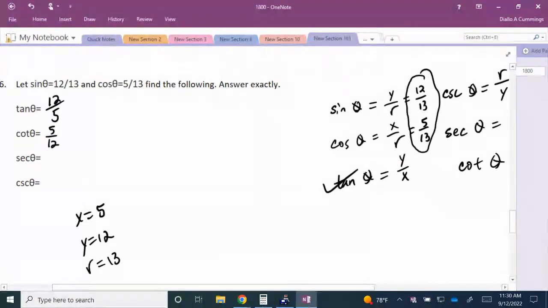We have the secant, which is the reciprocal for cosine, so that's 13 over 5. And lastly we have the cosecant, which is the reciprocal of the sine, so that's 13 over 12.